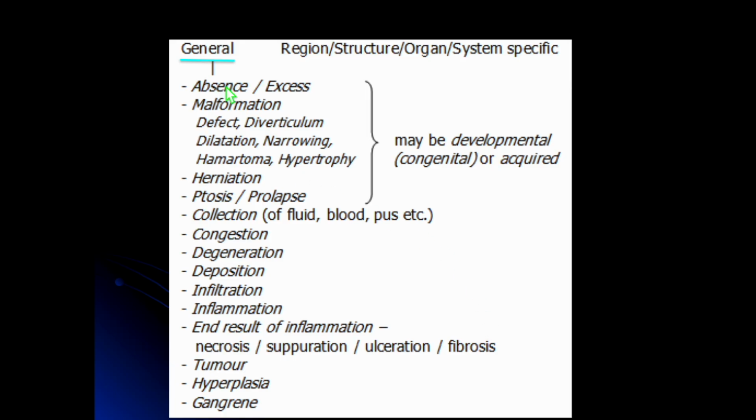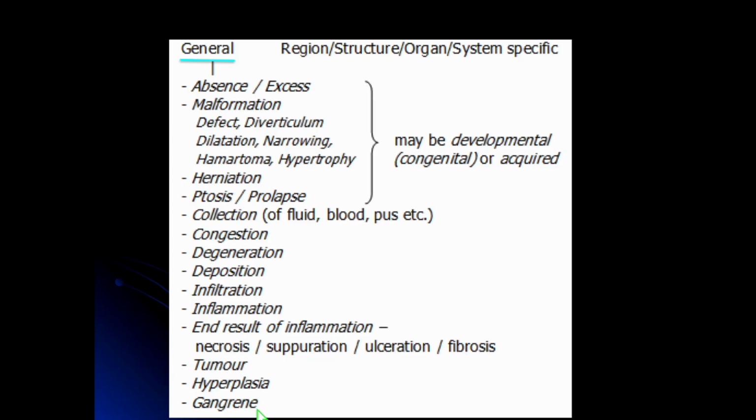The absence or excess of a tissue or organ, malformation, herniation, ptosis or prolapse, collection of, say, a clear fluid, blood, bile, pus, etc., congestion, degeneration, deposition, infiltration, inflammation, end result of inflammation, namely necrosis, suppuration, ulceration, and fibrosis in that sequence, tumor, hyperplasia, and gangrene.